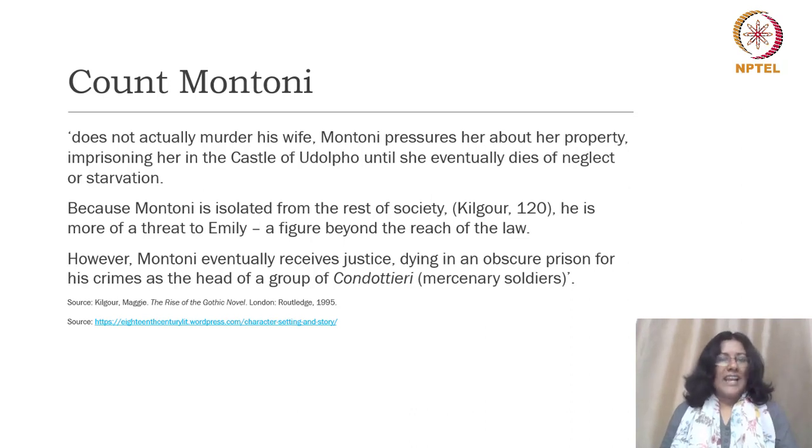So though he hasn't literally killed her off, he is directly responsible for the death of his wife and Emily's aunt. And because Montoni is isolated from the rest of society, he is easily able to affect young female figures such as Emily, and women such as Madame Cheron. And he is also beyond the reach of law because of his isolation.